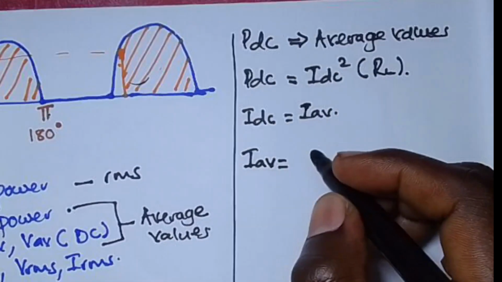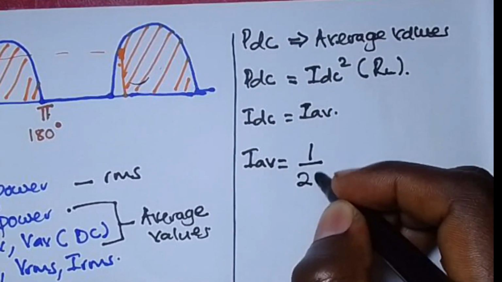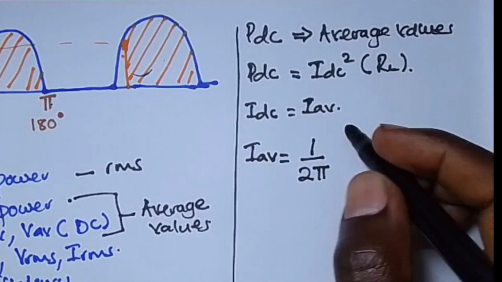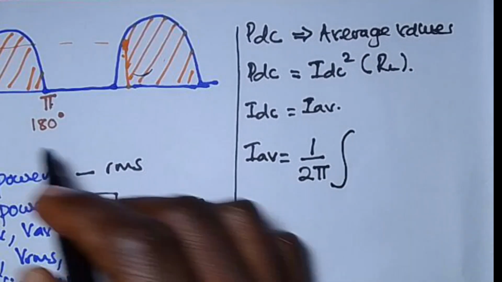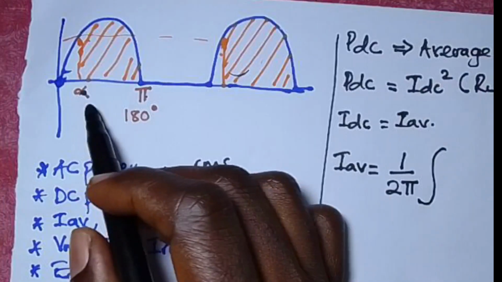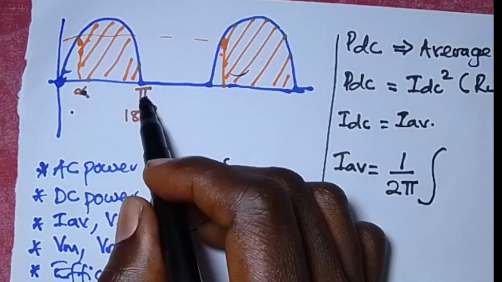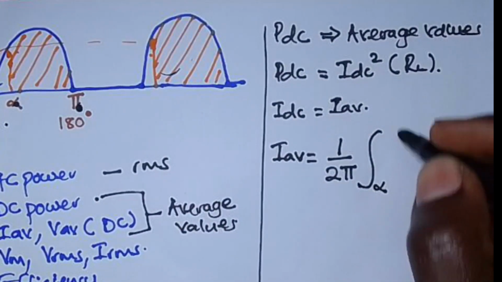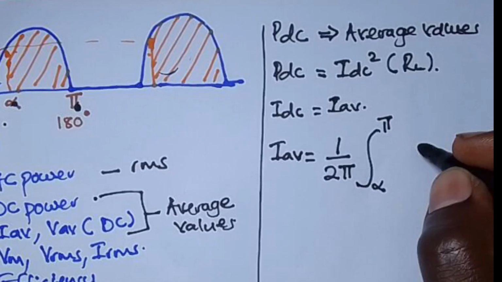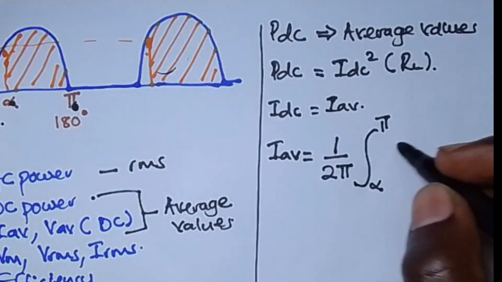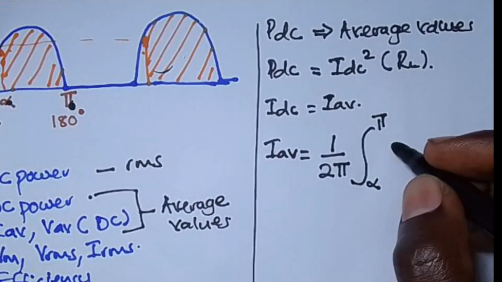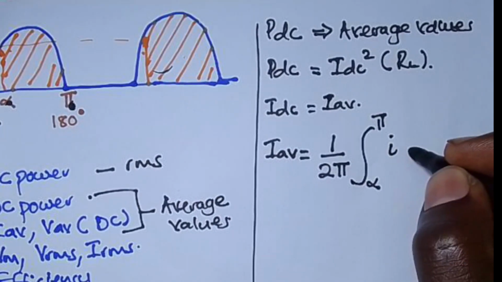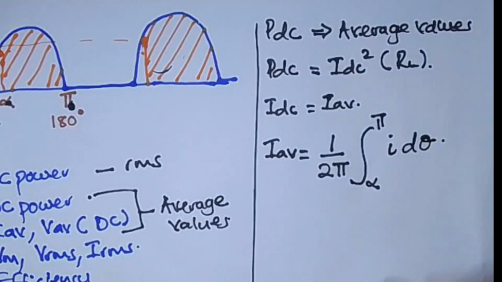It is always given by 1 over 2 pi times the integral from alpha to pi of I with respect to theta.